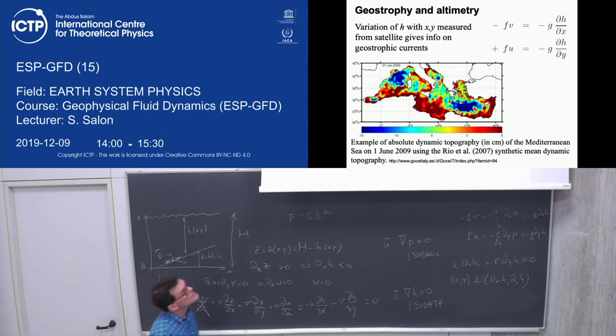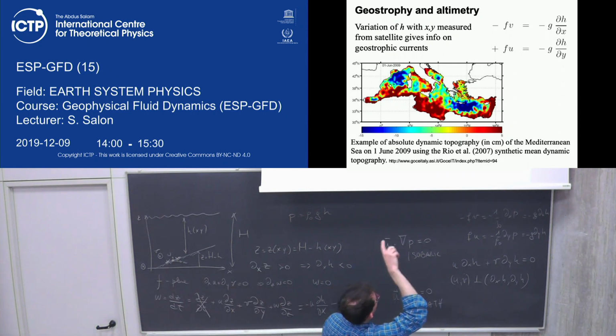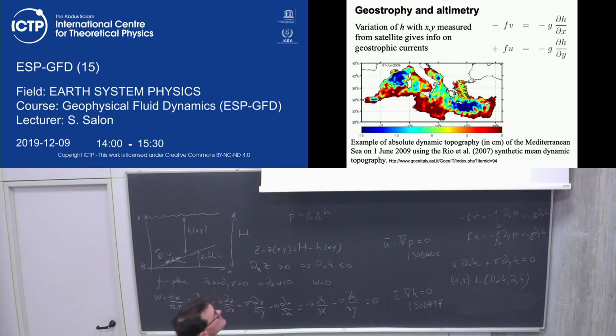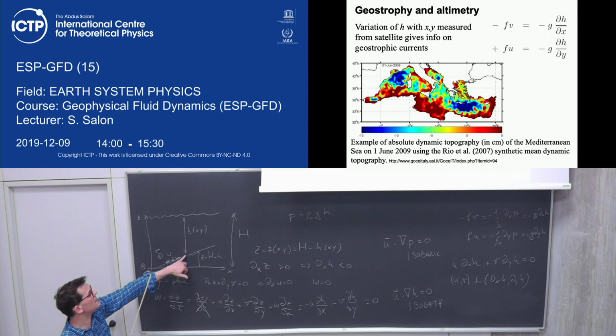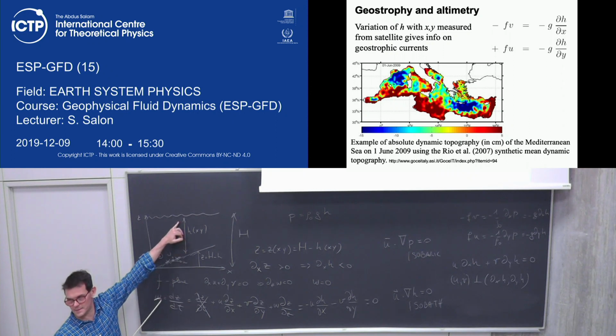Okay? So in this case, we can calculate for the Mediterranean Sea, for example, starting from the absolute topography, which is practically this one. Okay. So the absolute dynamic topography is the distance that we see from the top of the surface of the ocean up to the satellite.